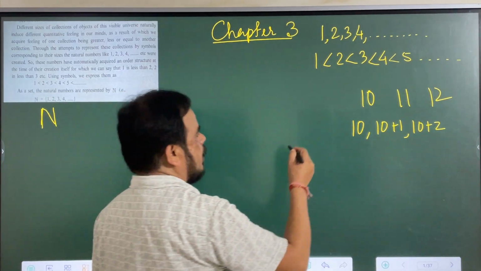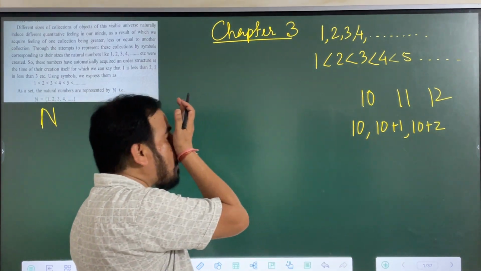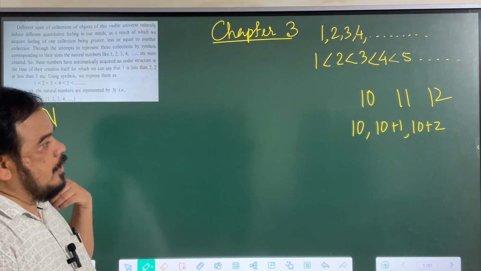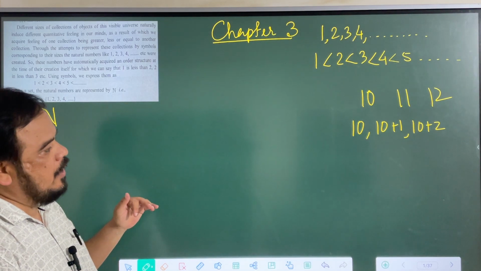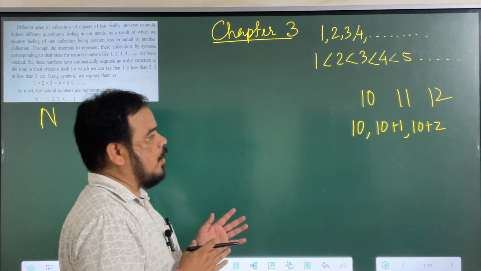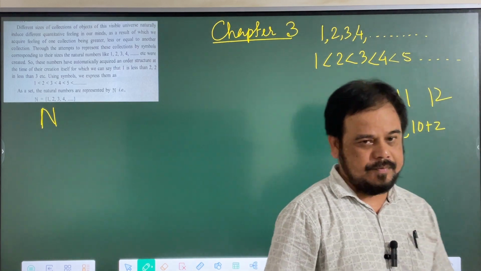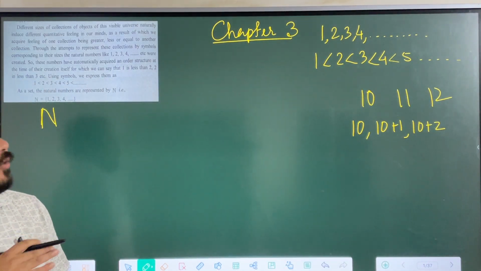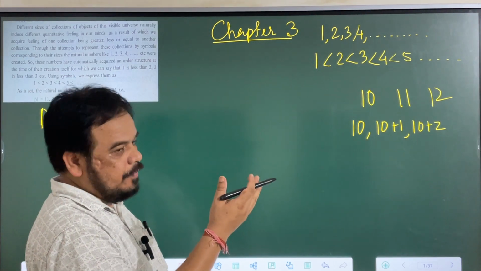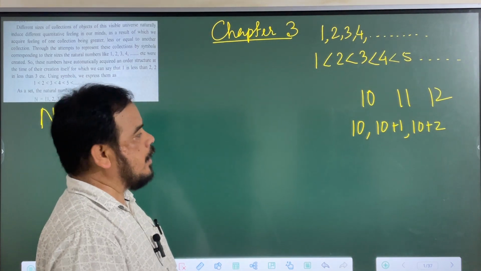What is important here is the nature of natural numbers, how they start and go on. In a series, if we write natural numbers, they go on increasing.